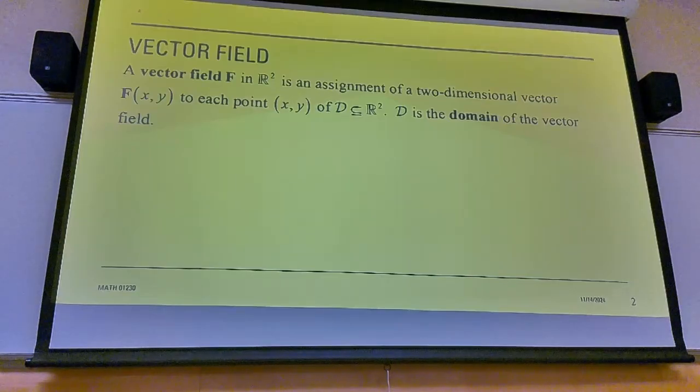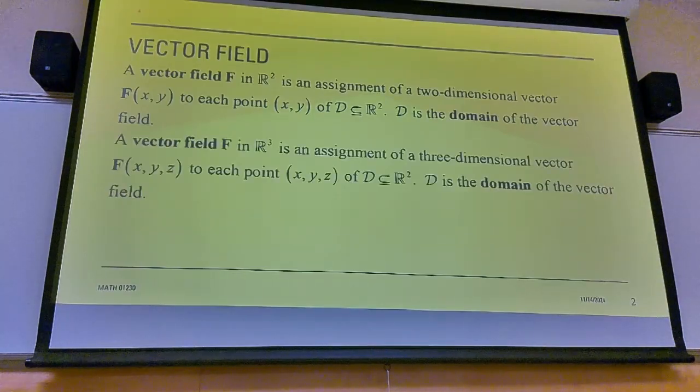So it assigns each ordered pair in R2 to a vector. The vector field in R3 is just going to take each ordered triple and assign to it a vector.